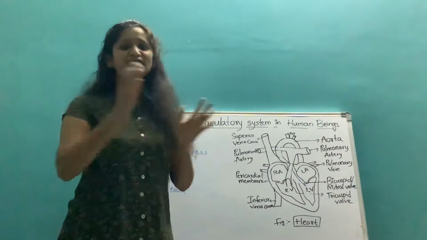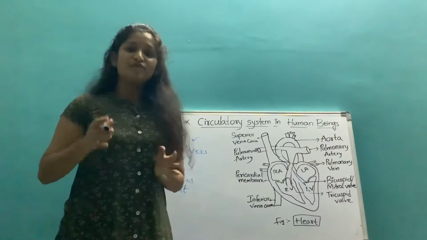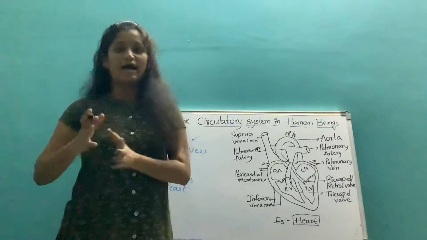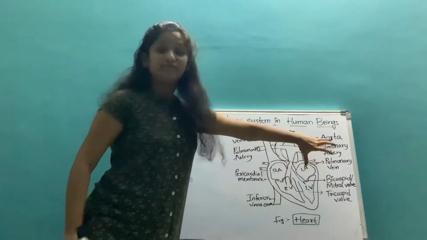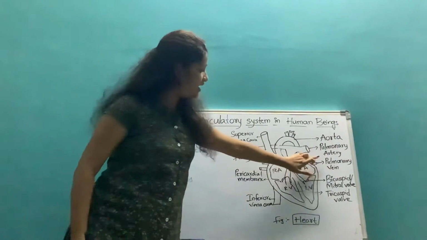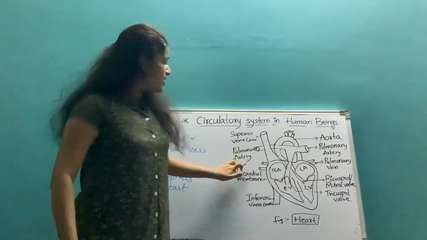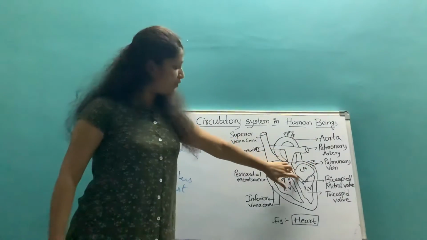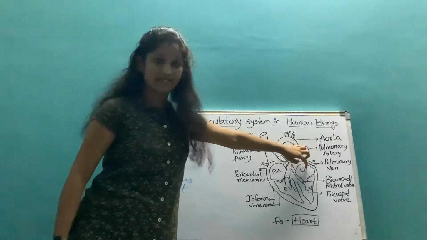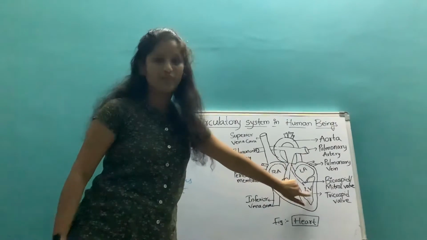Here the process of gaseous exchange happens and the deoxygenated blood is converted into oxygenated blood. Then the heart muscles relax and the oxygenated blood enters the left atrium via the pulmonary veins. Then the pressure in the left atrium increases and the blood is sent into the left ventricle.